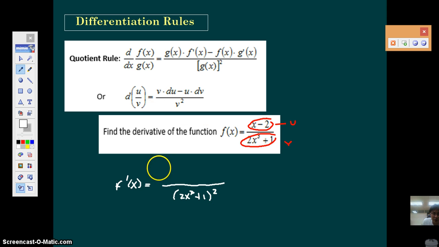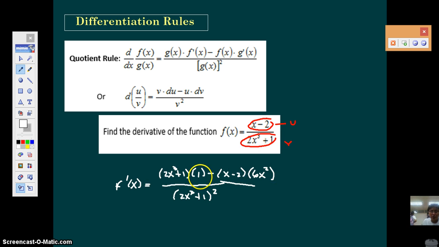And then v du would be copy the denominator multiplied by the derivative of the numerator, which is 1. The derivative of x minus 2 is 1. Minus copy the numerator, x minus 2, multiplied by the derivative of the denominator, which is the derivative of 2x cubed plus 1, which will give you 6x squared.